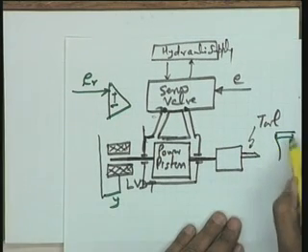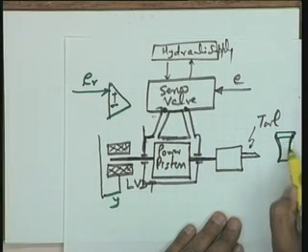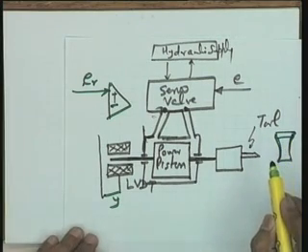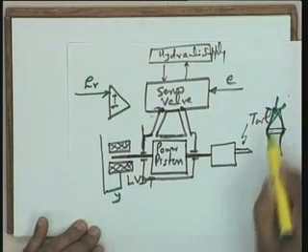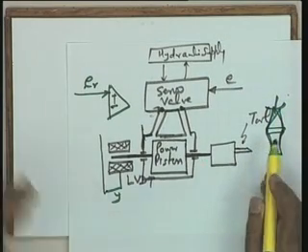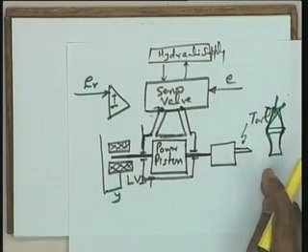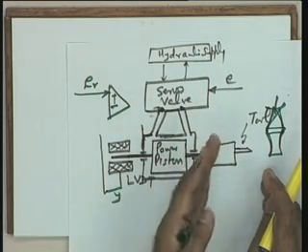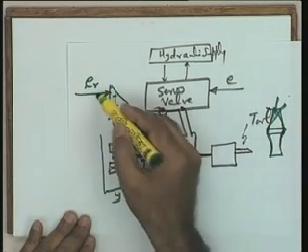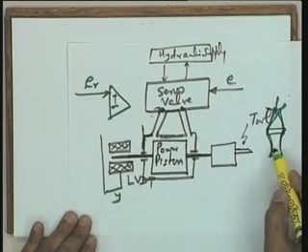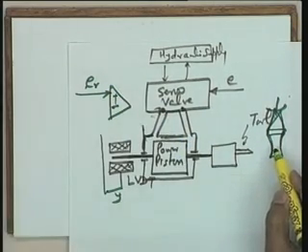This is what is done in today's computerized numerical control systems. Depending upon the profile of the job, the tool movement can be suitably programmed and stored in your digital computer, and using suitable conversion of digital to analog signals, you can generate a voltage signal here, so that this voltage signal corresponds to the required movement of the tool.